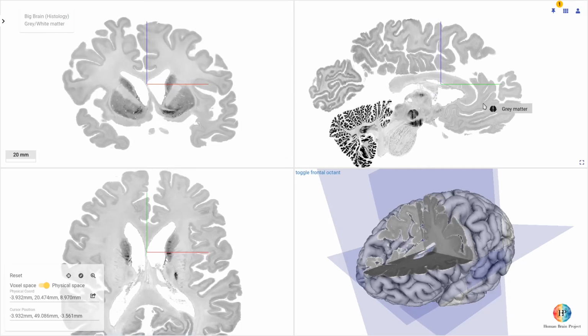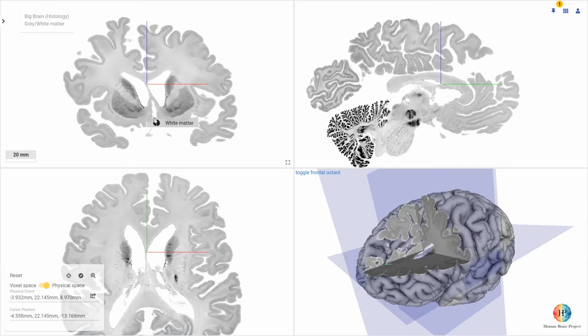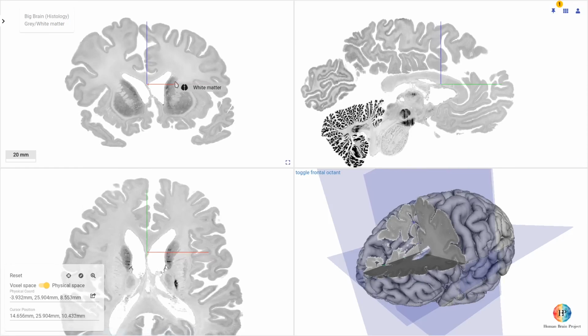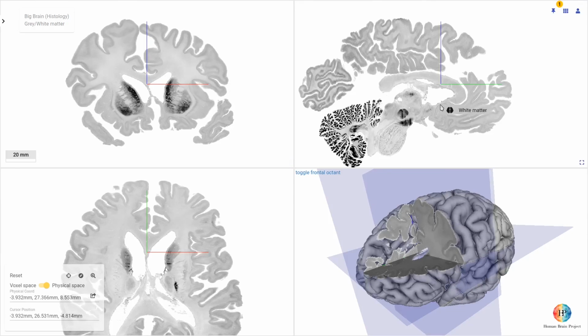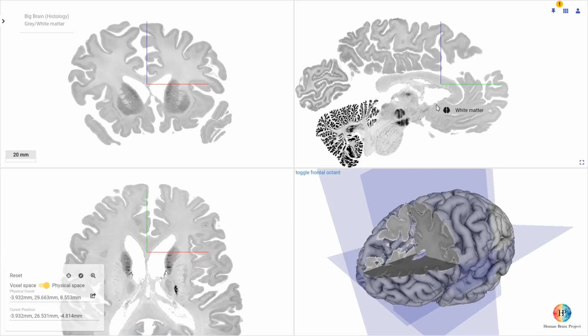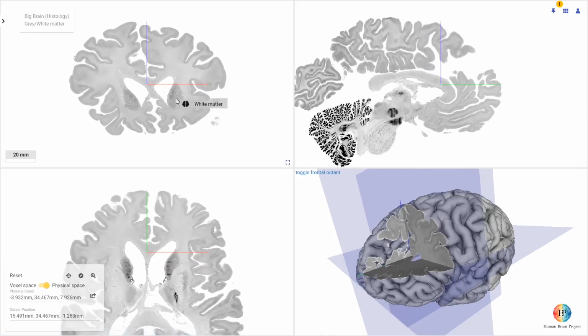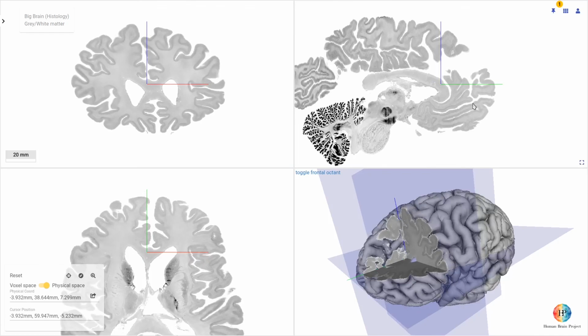Moving forward. Moving forward. The caudate joins with the putamen at the nucleus accumbens. And move forward. Now it's just the caudate by itself. That's the frontal horn of the lateral ventricle. And then we move forward again.